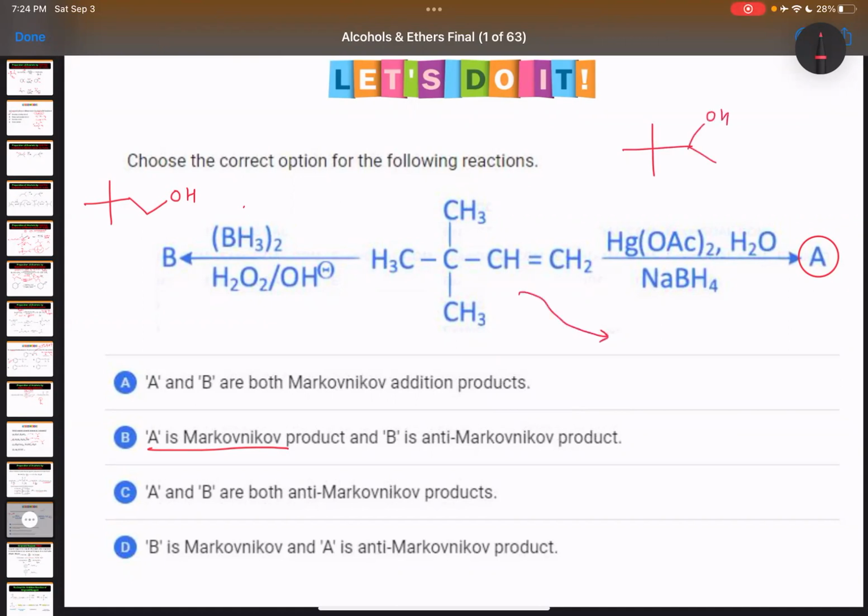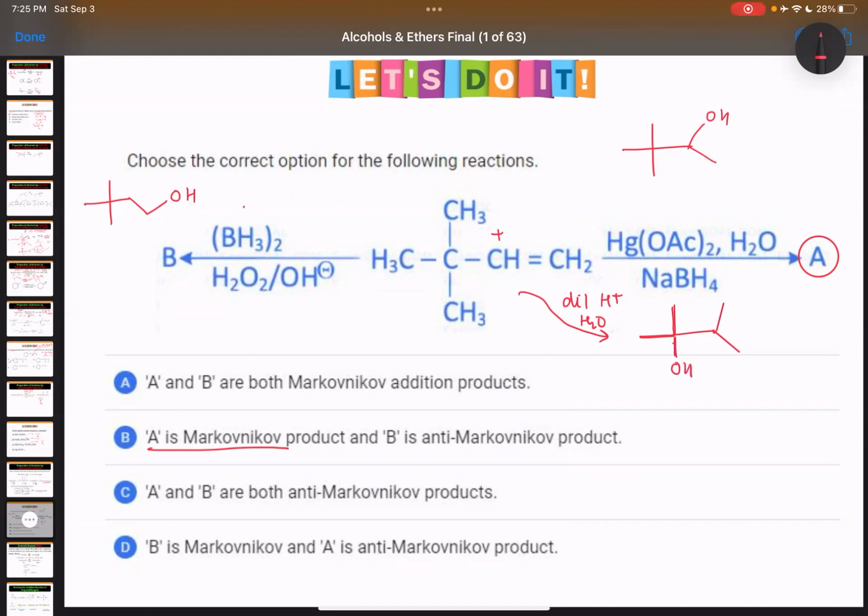And suppose you would have taken dilute H2SO4, then rearrangement will happen, and in that case your answer is going to be: one methyl will get shifted, the carbocation will form here, the three methyls are there, one of the methyls will get shifted to the C plus, and you will have the carbocation here, and here you will have OH.